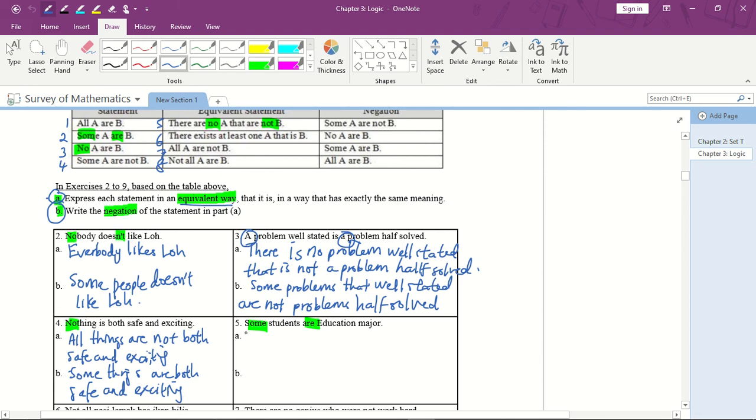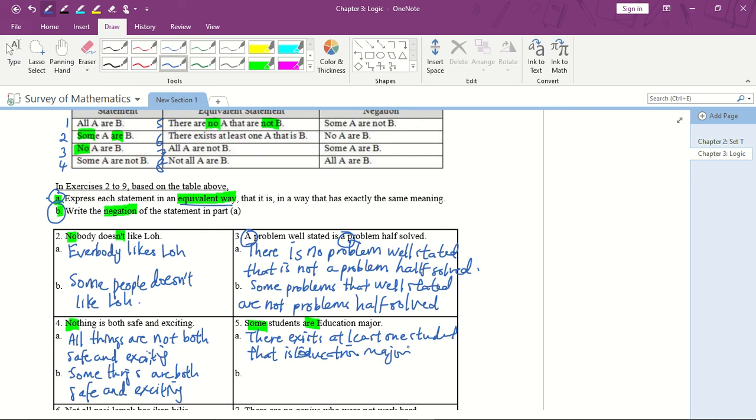So here you write that there exists at least one student that is an education major. Okay, so there exists at least one student that is an education major.